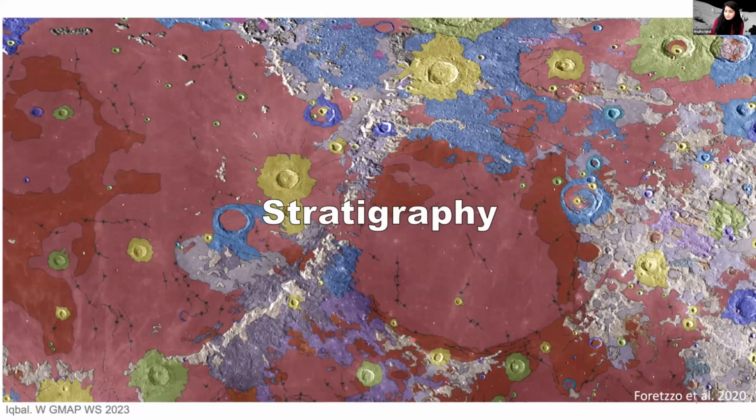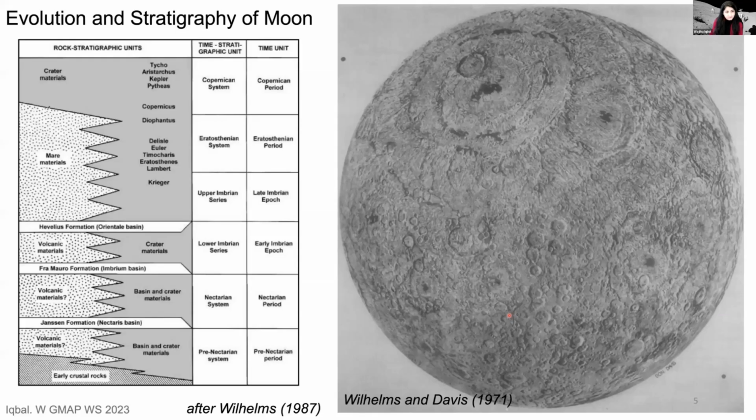Stratigraphy: Carolyn had covered in detail how you set up stratigraphy on a planetary body where you don't have fauna and flora. Specifically for the Moon, I will introduce it again: the stratigraphic systems of the Moon are named after basins and craters. The earliest one is named after the Nectaris Basin, one of the older basins on the Moon.